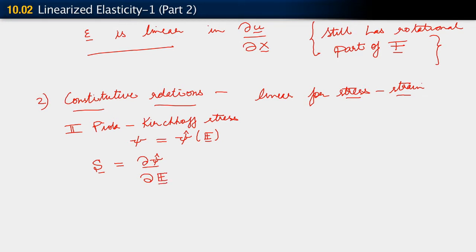In order to bring out this other linear aspect of linearized elasticity, let us expand this in a Taylor series about the reference configuration, which means E equals 0.